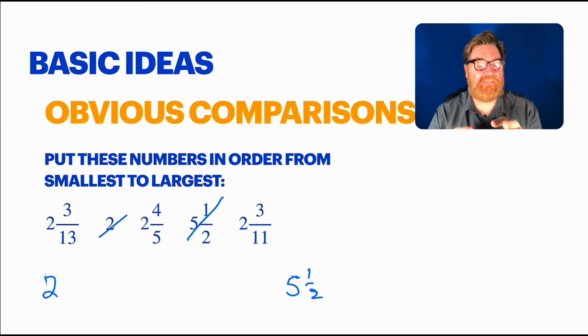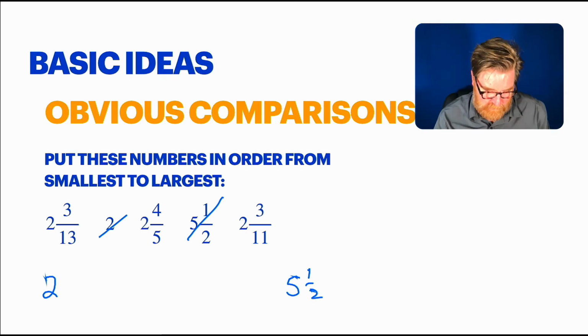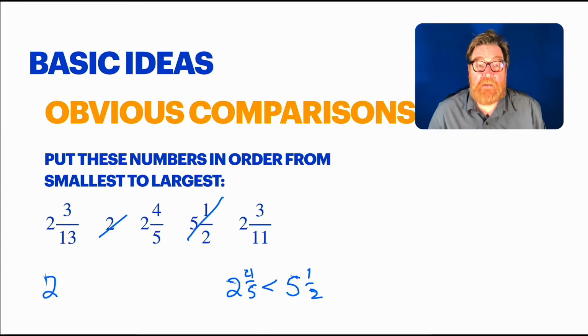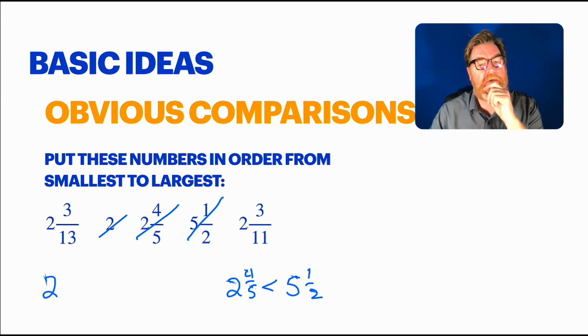Well, look at this. 3/13 and 3/11, those are both less than a half, but 4/5 is more than a half. So 2 and 4/5 is the biggest of all 3. Put that one there. Now, let me take him off the list. It now just becomes a question of, well, what's the order between 3/11 and 3/13?